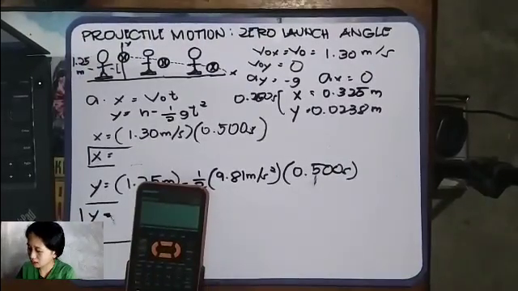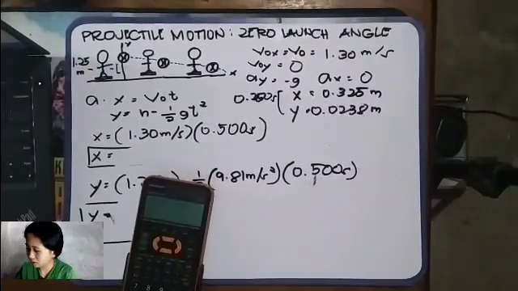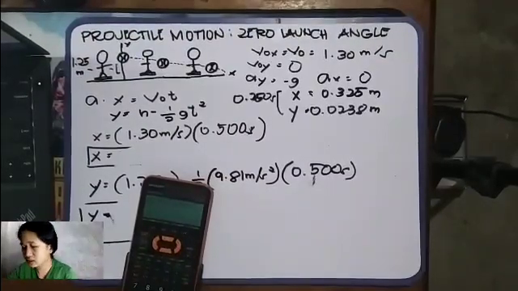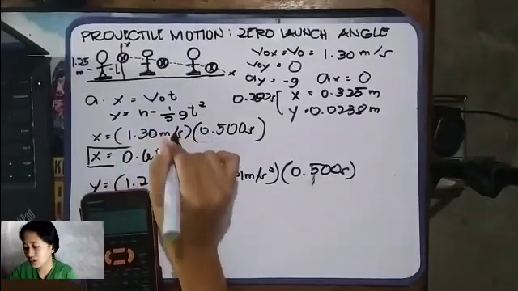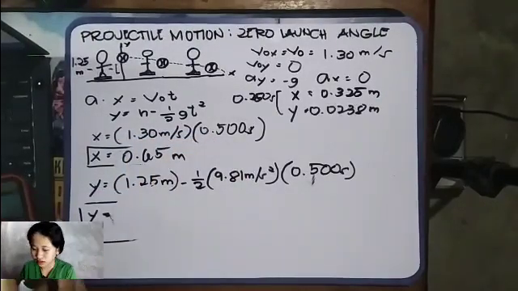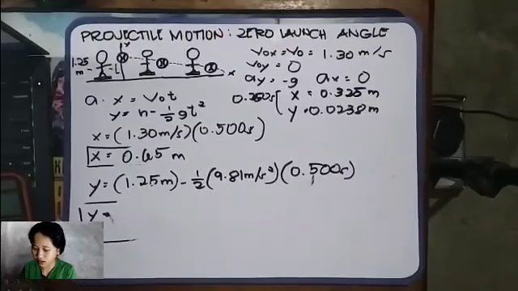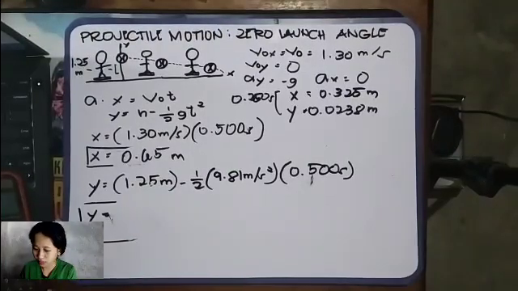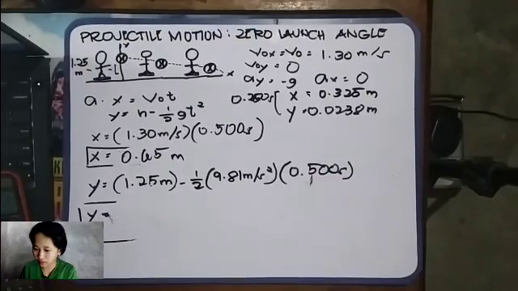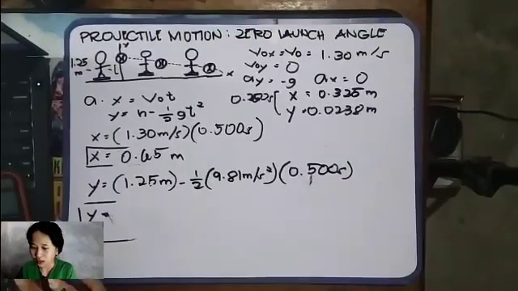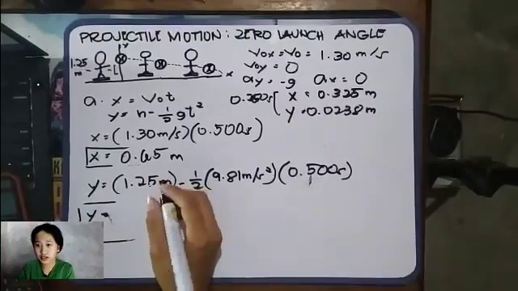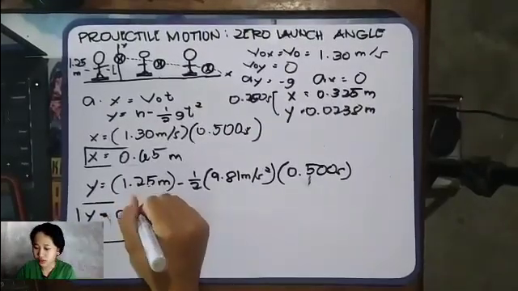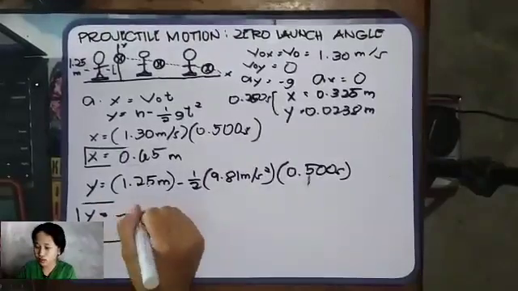1.30 times 0.5 equals to 0.65 meters. Then, sa Y is 1.25 minus 1/2 times 9.81 times 0.5 is equals to negative 1.2225.